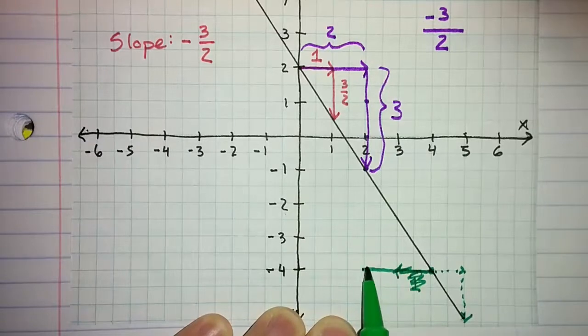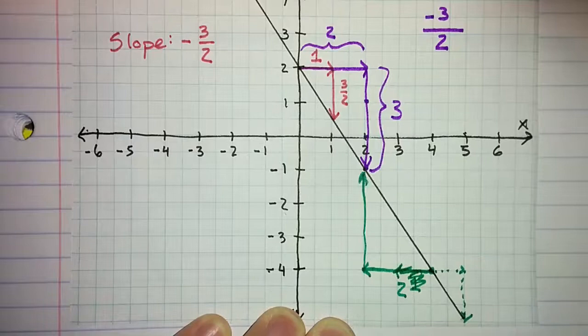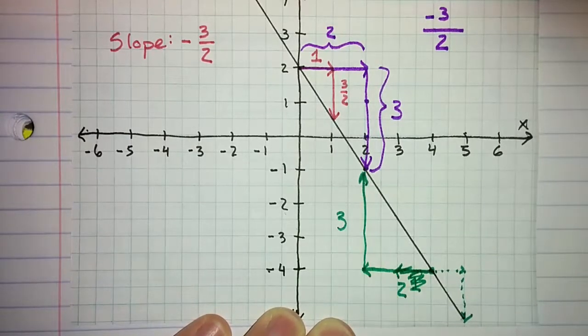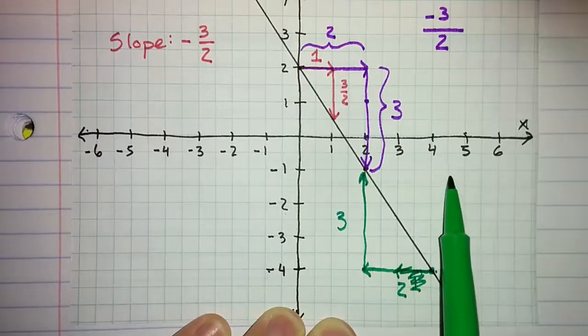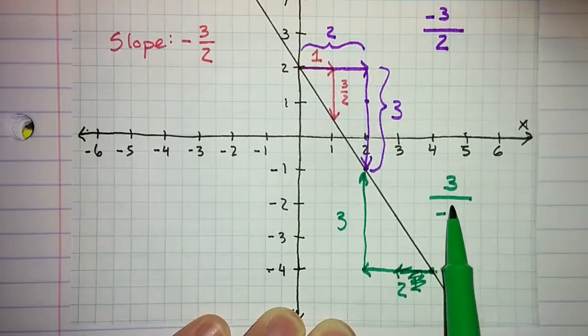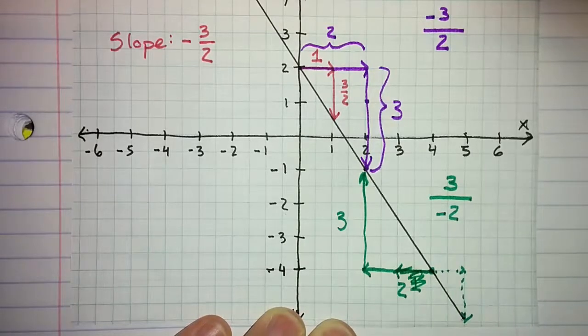Maybe I could go to the left 2 and up by 3. That takes me to the line again. Again, the distance we went up over the distance we went to the right. We didn't go to the right, we went to the left. 2 to the left, that's negative 2 to the right.